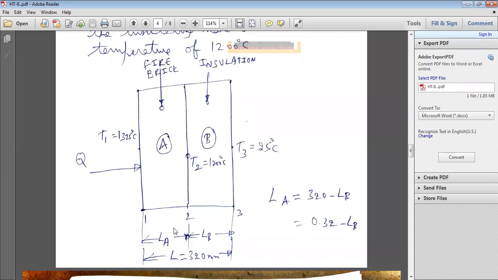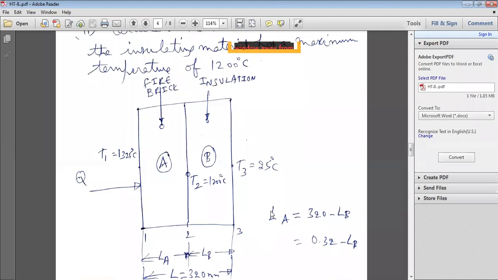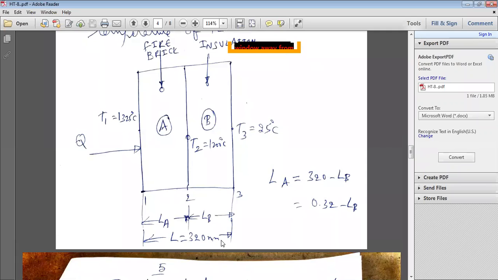So you have to find LA and LB. Here LA is the thickness of material A, and LB is the thickness of material B. But the total thickness L is equal to 320 mm.